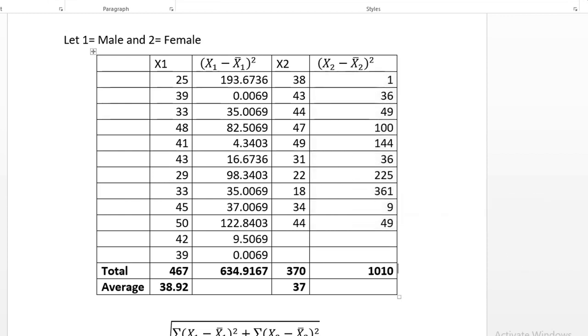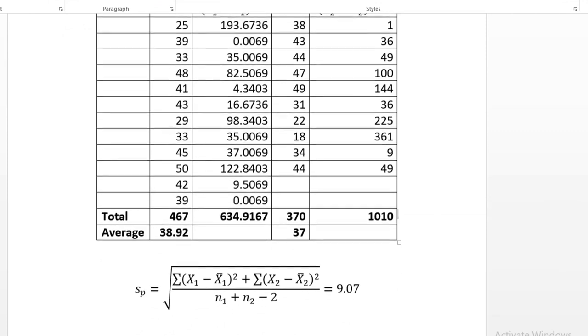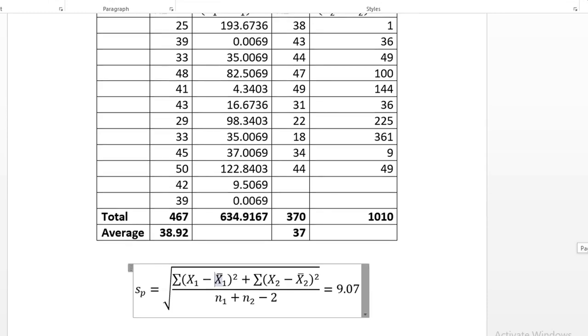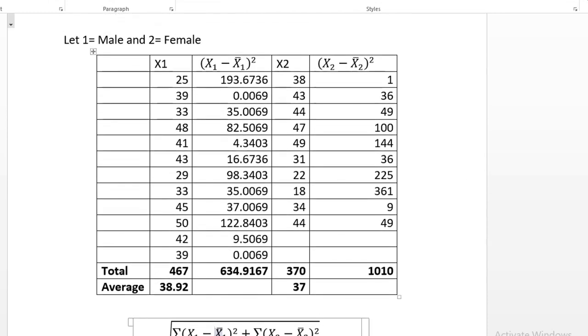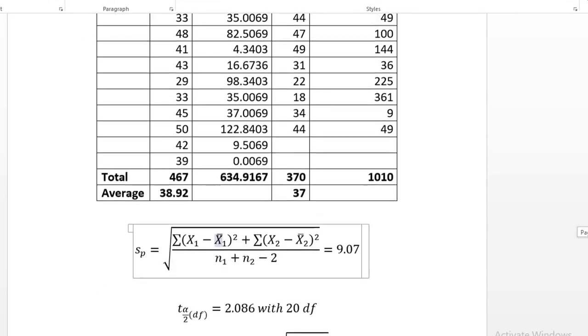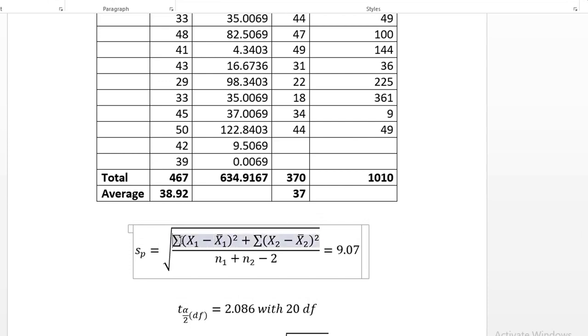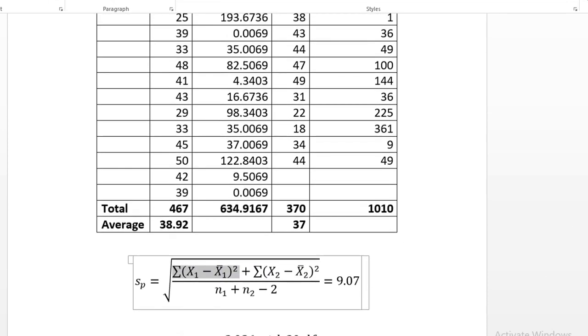Now I am using this formula in terms of the sum of square deviations, because for this exercise, it is easy to calculate the sum of square of deviations. So I have to take the sum of this column. What is the sum of x1 minus bar x1 whole square?